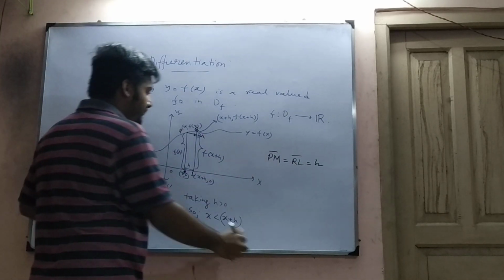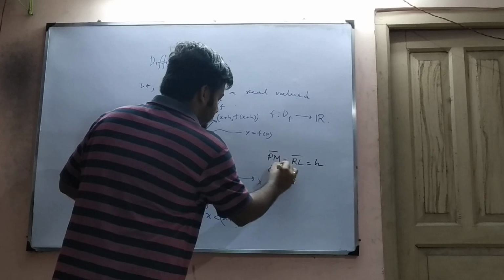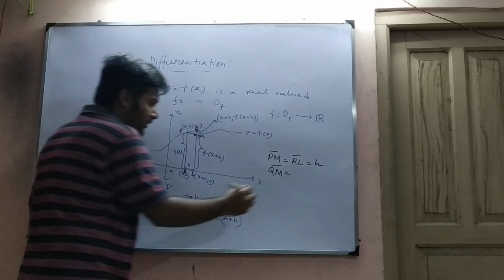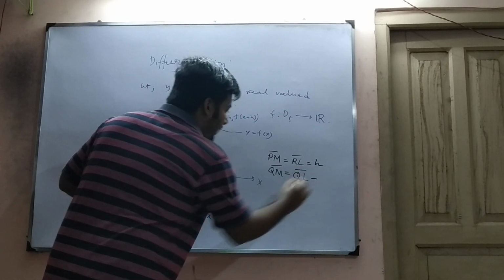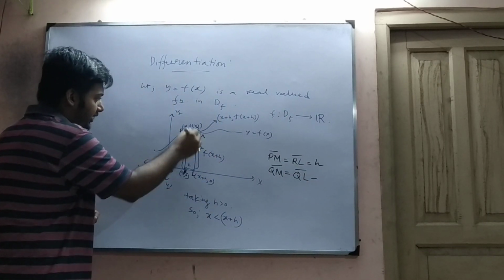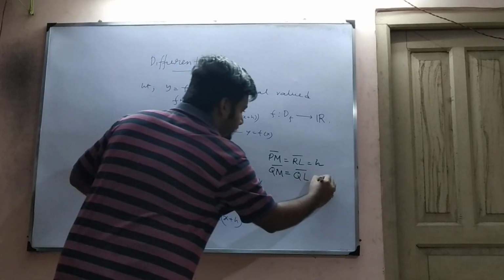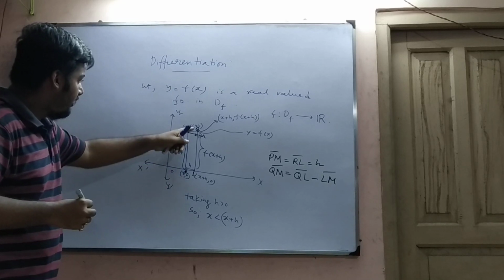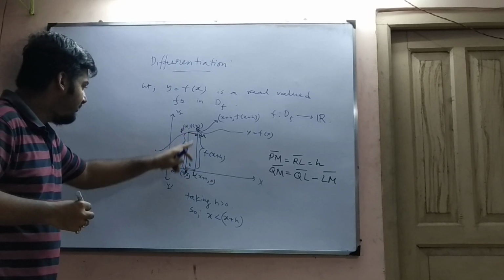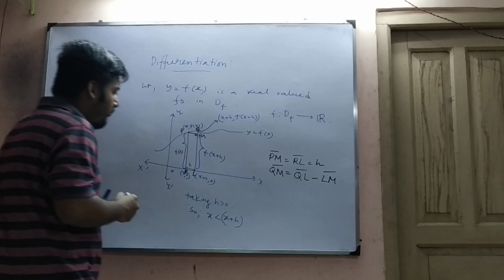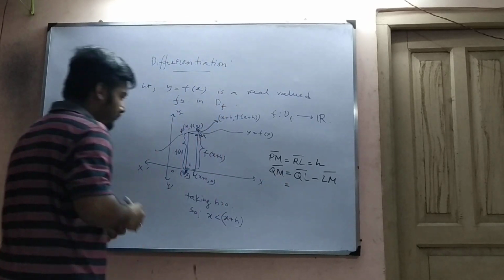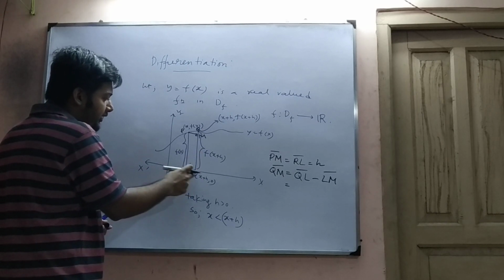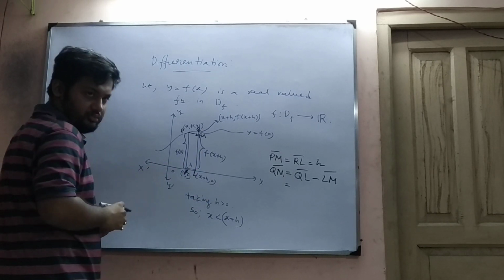Now what is QM? QM is nothing but QL minus LM. Simple geometry. QM is nothing but the whole thing QL minus LM. So what is QL? QL is the functional value of f at the point (x plus h, 0).